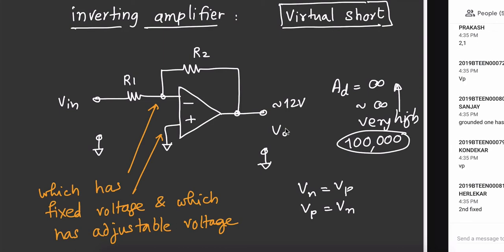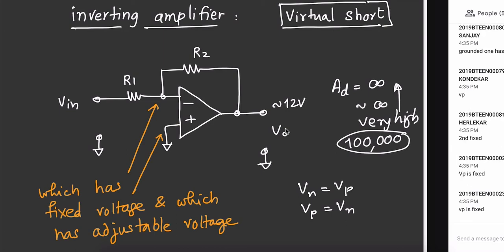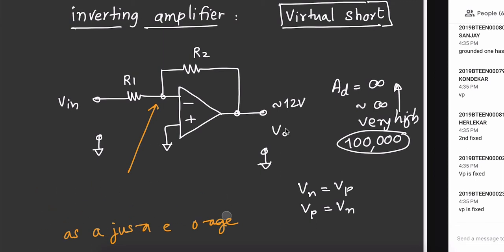Okay, Vp is fixed because it's 0. Suppose this is Vp, the non-inverting terminal, its voltage is 0. Why is it 0? Because it is grounded, 0 volt.